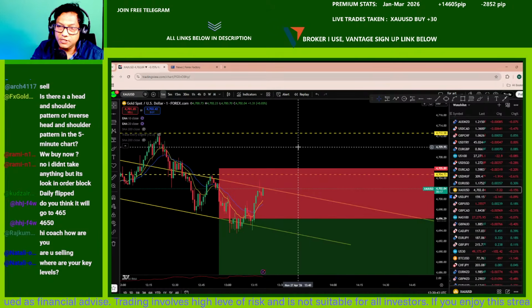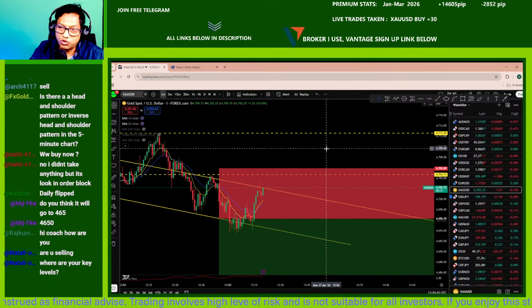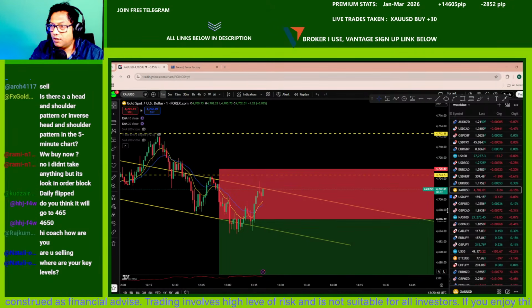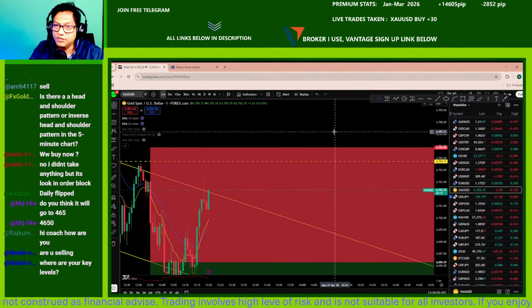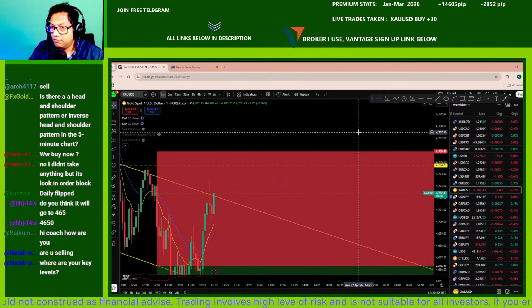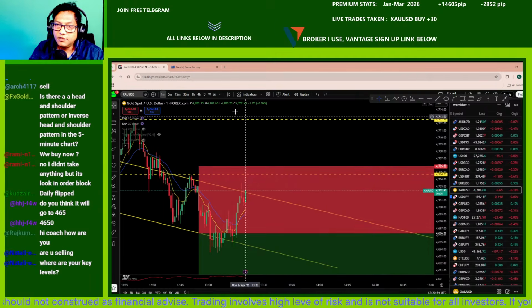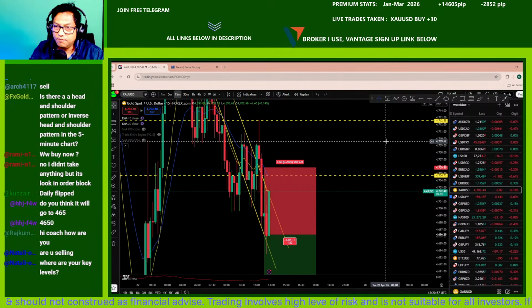Cool. If you look at that trend, there's a 4704 level that is a key resistance area, and see where it is heading.